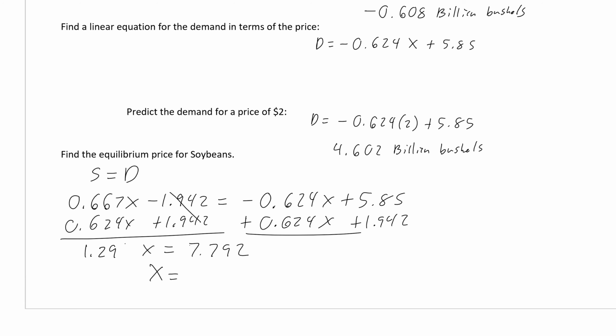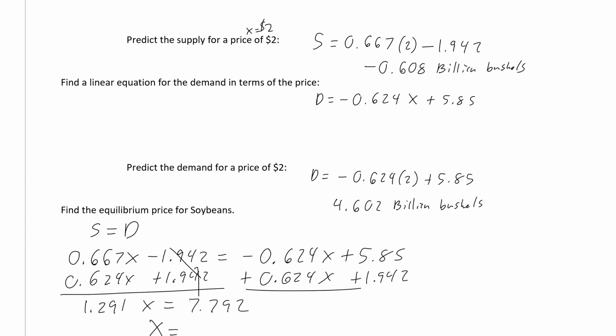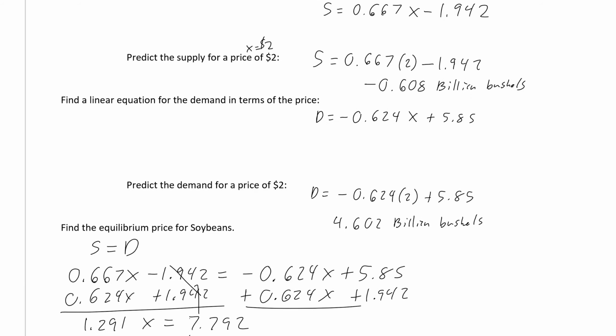Dyslexia there. That is 6 actually. So 6.035. 6.04. So at 6.04 we would have an equilibrium.